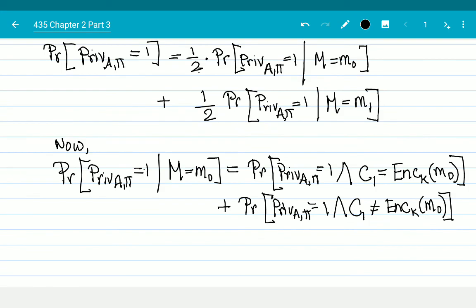Well, let's see. In the first case, if the encryption was c1, then the experiment is always going to succeed, right? Because as soon as the encryption is c1, I'm always outputting 0. So this case always succeeds.